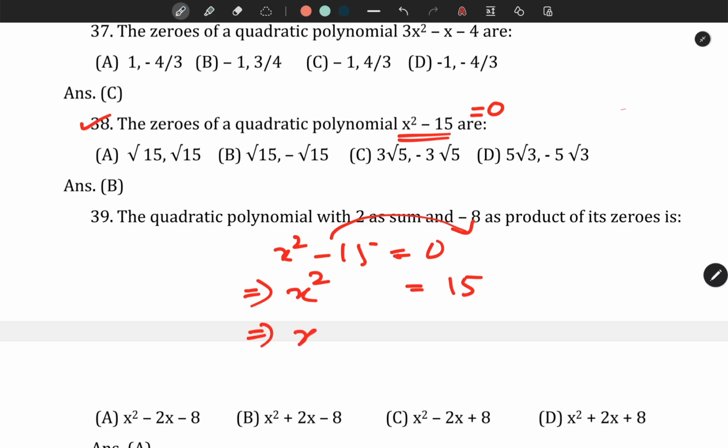And then if you remove the square here, you have to take the square root. And whenever we take square root, we know we have to take both plus as well as minus. So here the values of x are plus root 15 and minus root 15. So these are the zeros. Plus root 15 and minus root 15 are the zeros of this polynomial.